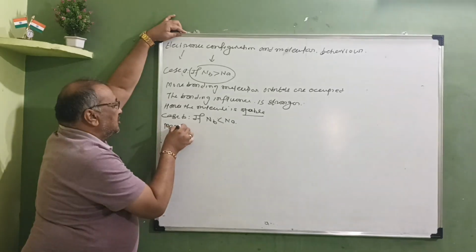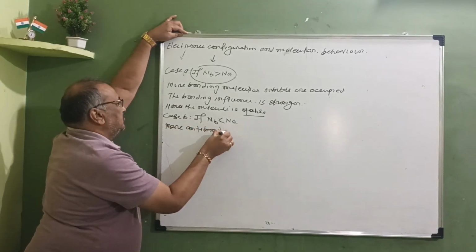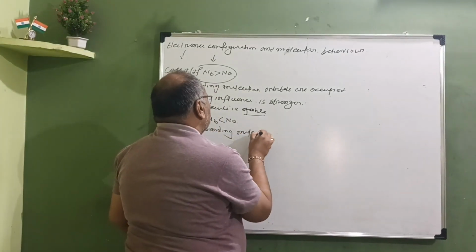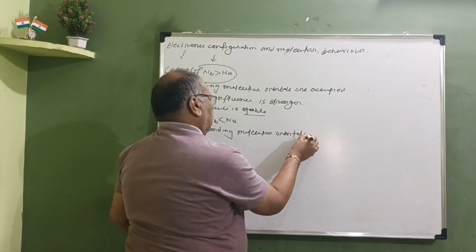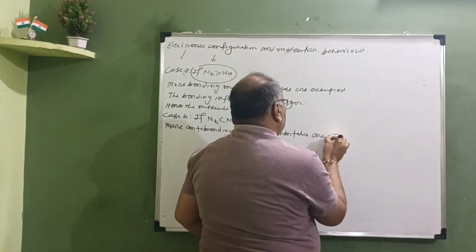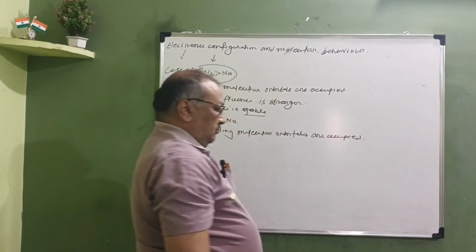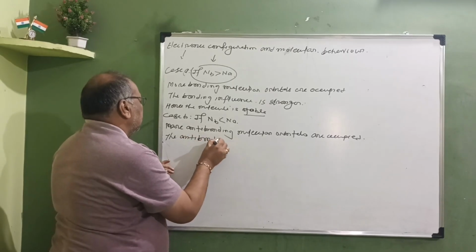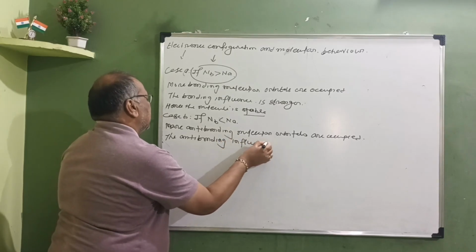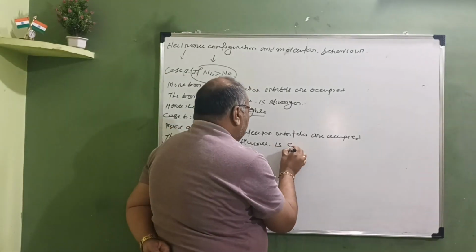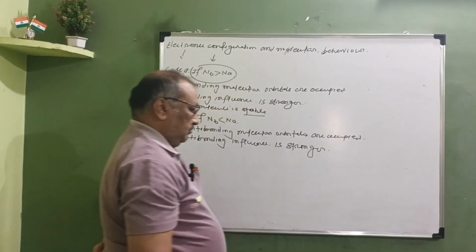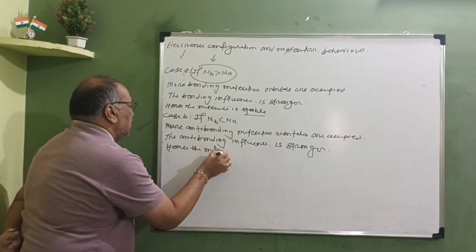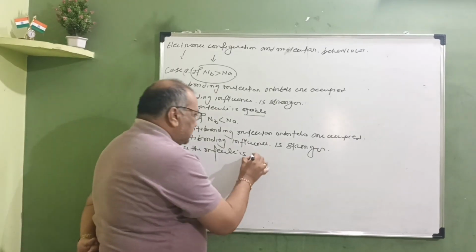Here more anti-bonding molecular orbitals are occupied, that means the anti-bonding influence is stronger and hence the molecule is unstable.